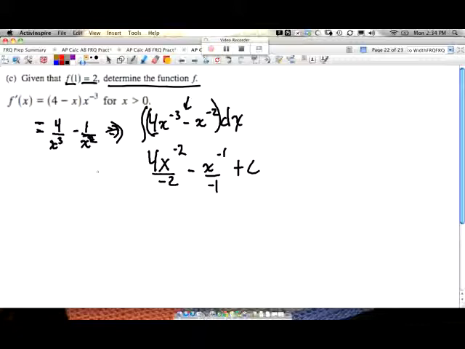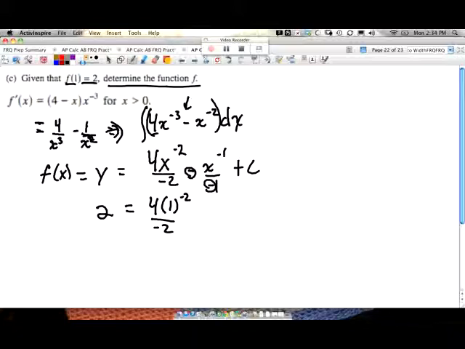So f of x equals this. We know that f of 1 equals 2, so that means 2 equals 4 times 1 to the negative 2 over negative 2.